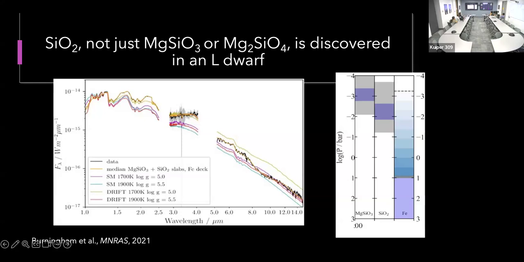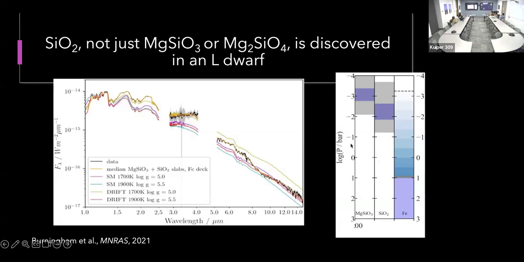This is a combination of SiO2 and the enstatite. It's very wide, they blend here. It's around 8 microns. So this is a combination of those modes. And so they found the best fit is a combination of these clouds.